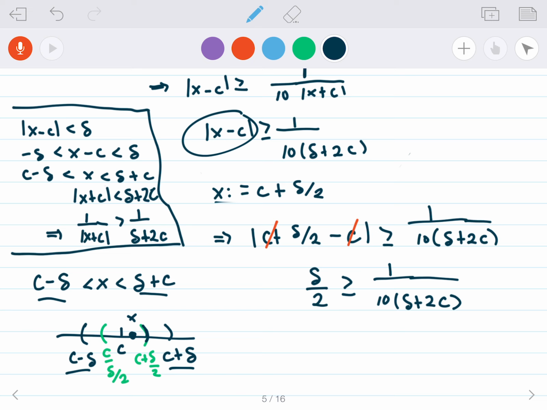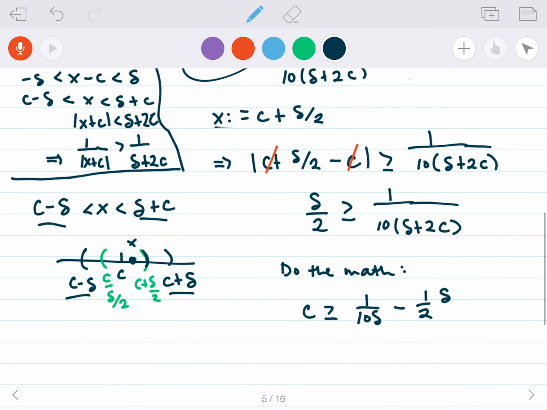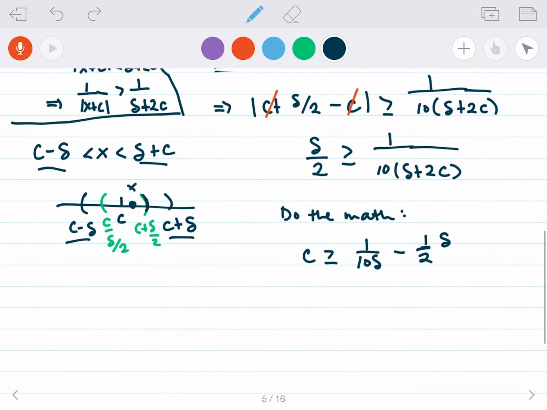And so if you do the algebra and isolate c, you get that c is greater than or equal to 1 over 10 delta minus 1 over 2 delta. Okay, and so if we take off something positive from this, that's going to be less than this.